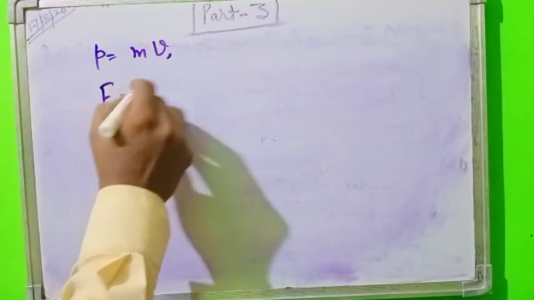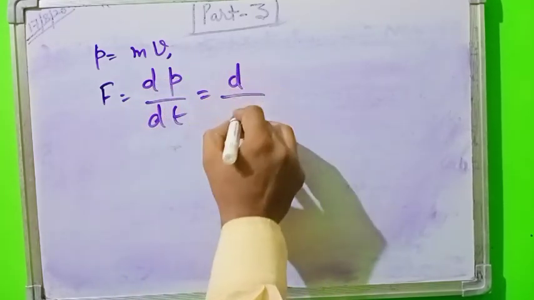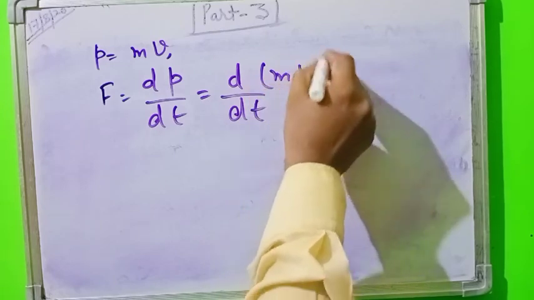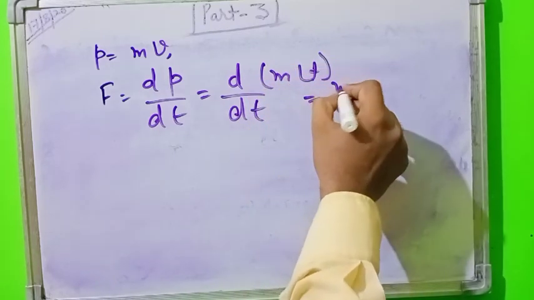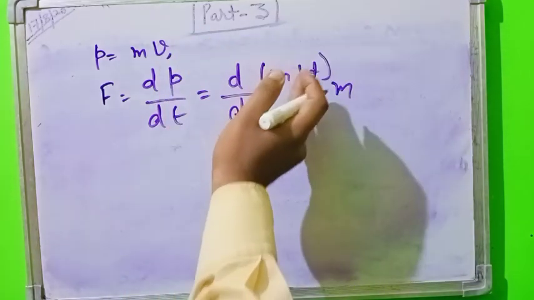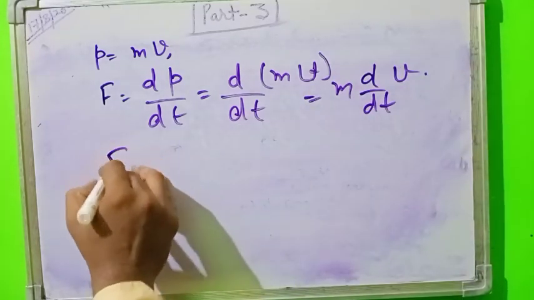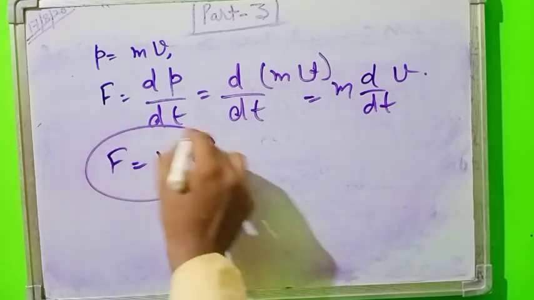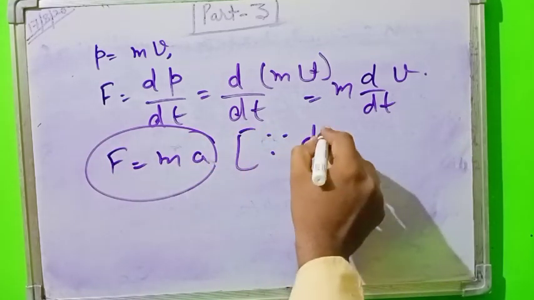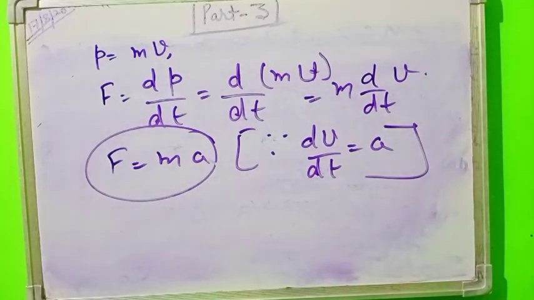So F is equal to d upon dt of m into v. Since mass is constant, it is taken out of the derivative sign, and F is equal to m dv upon dt. Since dv upon dt is acceleration, from Newton's second law we get force is equal to mass into acceleration.